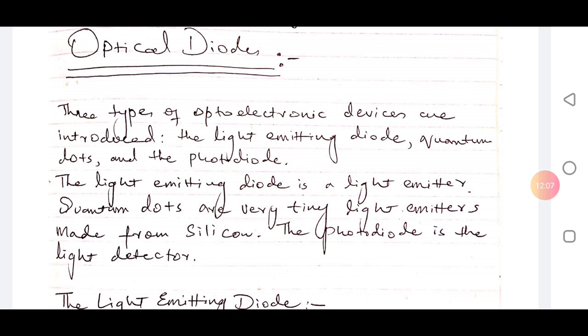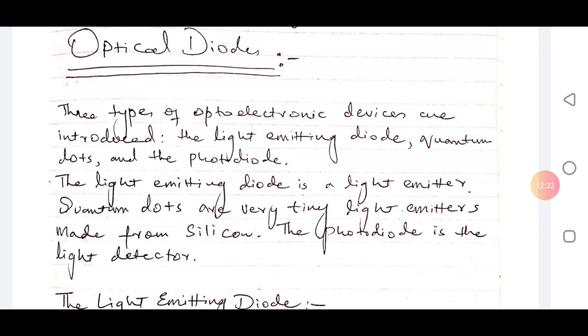A light emitter is a type of device which emits light, visible light. As you use light emitting diodes in your circuits, you always see that an LED emits visible light. Whether it is a red LED, blue LED, yellow LED, or green LED, it always emits visible light, so it is called a light emitter.